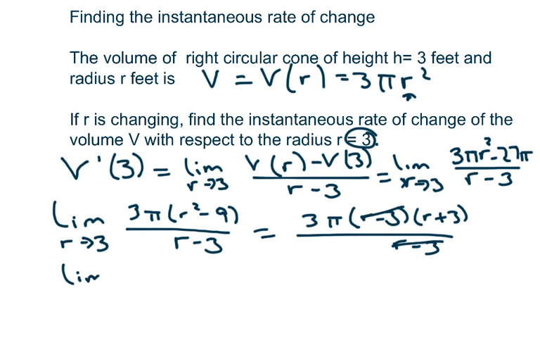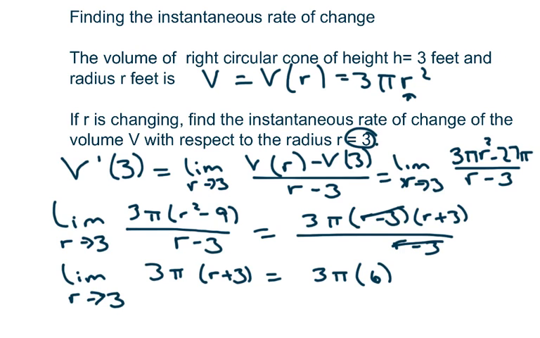So the limit as r approaches 3, gets closer and closer to 3, of 3 pi times r plus 3, plug in 3, and that's going to give 3 pi times 6, which is, 3 plus 3 is 6, so that's going to give us 18 pi.